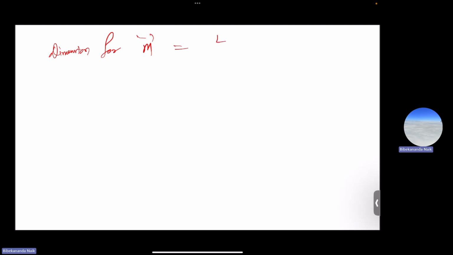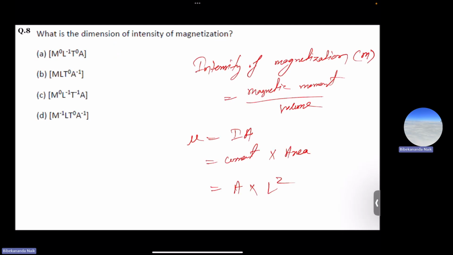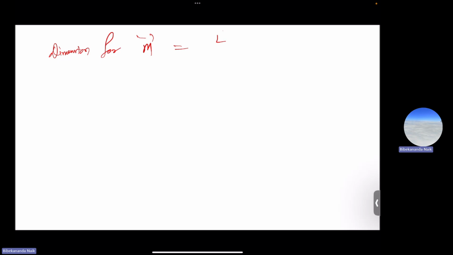It will be L2 into A divided by L3. So it is M0 L minus 1 T0 A1.